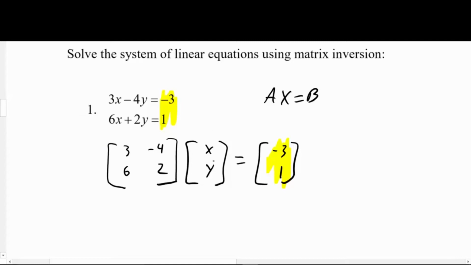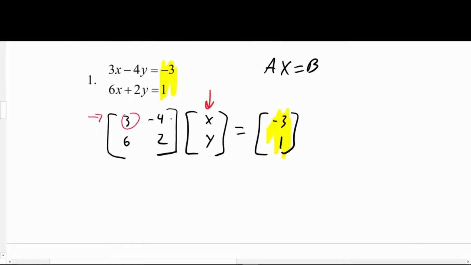Now, the one thing that sometimes gets students is to say, why did you write your variables vertically? Well, because I did matrix multiplication. If I was going to go row 1 times column 1, what would that result in? Well, 3x plus -4y, and that whole thing would equal -3.